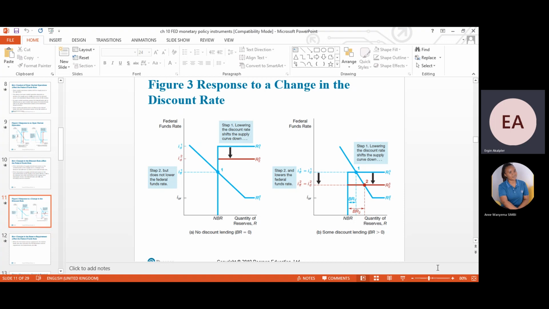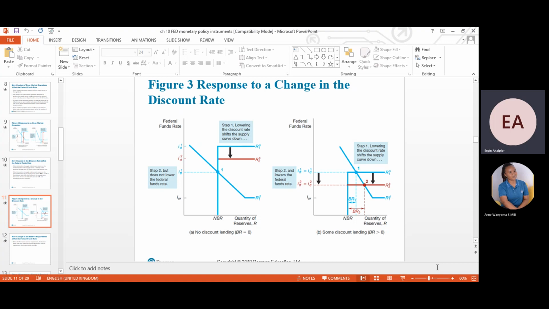When the central bank reduces its discount rate, the banking sectors, institutions or intermediaries will enjoy getting funds at these lower rates and will enlarge and increase lending in the market. As a result, reserves become a little bit lower, as you are observing, shifting from R1 to R2.